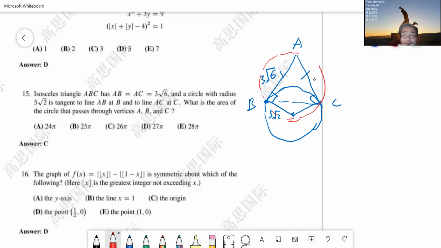And a very interesting pattern you should notice: because there is a perpendicular here, these 4 points have opposite angles that add up to 180 degrees. So this center O, and A, B and C are actually on the same circle.